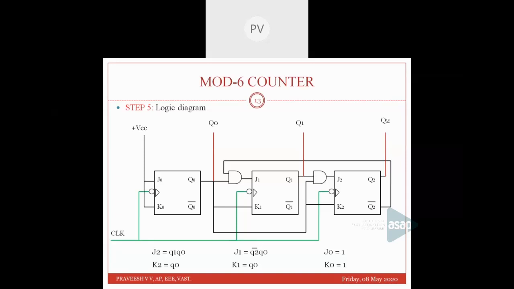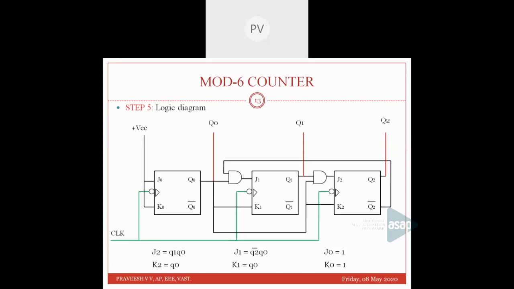But that should be filled based on the excitation table of a T flip-flop, which is also very simple. Okay, and from that we are obtaining the minimized expression, that is using K-map. And in the K-map we have to simplify only 3 instead of 6. In the case of JK flip-flop, you have to simplify 6, but in the case of T flip-flop, you will have only three K-maps to simplify.